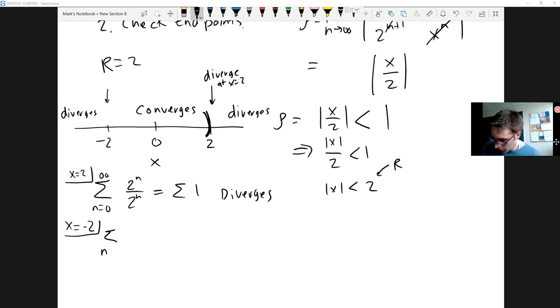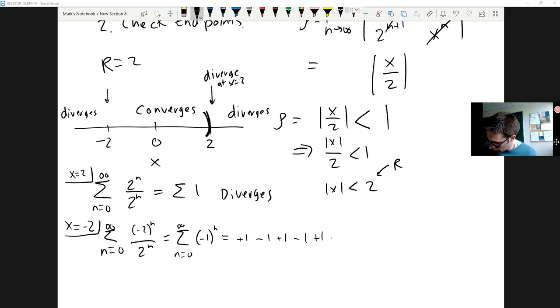And if you plug in negative 2, we'll have the sum from n equals 0 to infinity of negative 2 to the n over 2 to the n, which is the same thing as the sum of negative 1 to the n. And if you write down the terms in that, that will just give you negative 1 plus 1 when you plug in 0, minus 1, plus 1, minus 1, plus 1, minus 1.